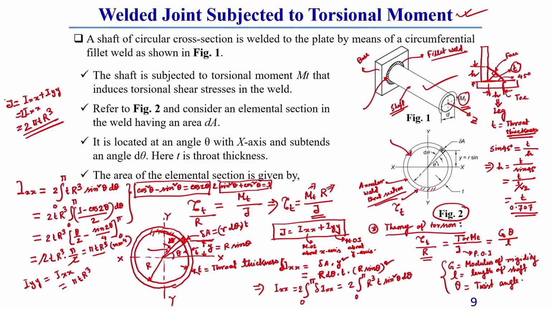So, j you got, this is the main thing you need to calculate for this weld joint subjected to torsional moment. Then you can easily find out according to the formula, equation number 1, tau t equal to, once j is known, tau t equal to Mt r by j.